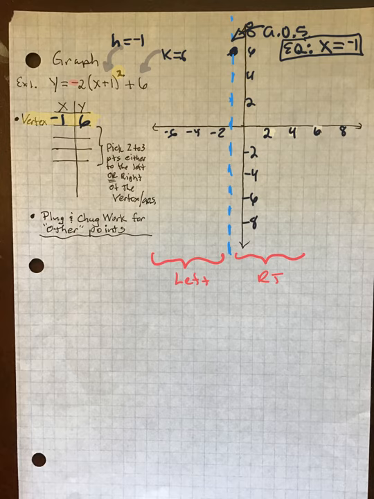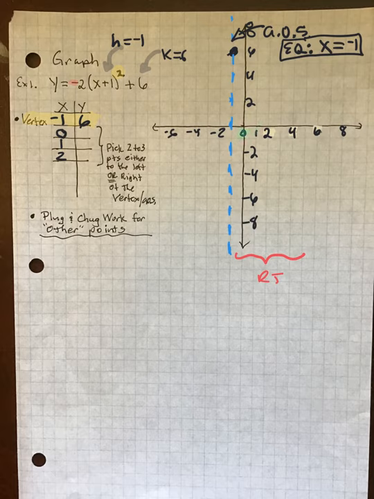So I guess I'll pick points to the right because zero is to the right. So maybe I'll pick 0, 1, and 2 to plug and chug into my table because I like to work with 0. It's usually easy to work with. It doesn't matter. So I am deciding to pick 3 points to the right of the vertex. I picked 0, 1, and 2.